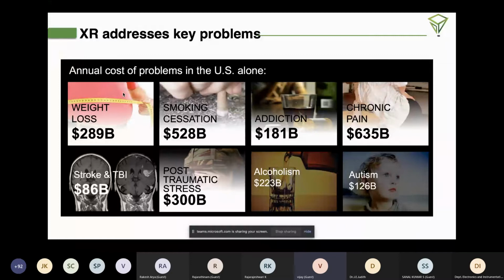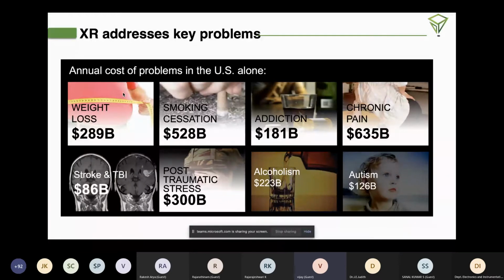And mental health comes under the trauma, right? So these are the areas where XR can give very, very impactful, cost-effective, impactful, and scalable solutions, right? In all those areas, and these all being worked on, right?